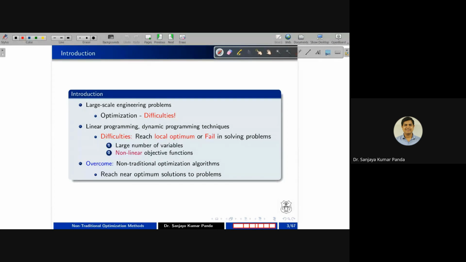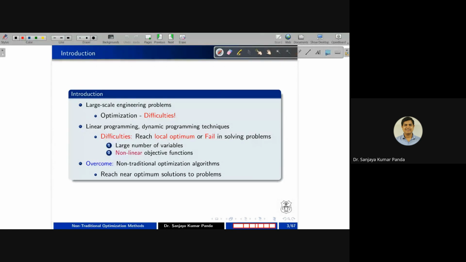So what does this non-traditional optimization algorithm focus on? It says that if you apply it to a particular scientific engineering application, then you reach a near optimum solution. You may not get the exact solution, but your solution may be close to it.